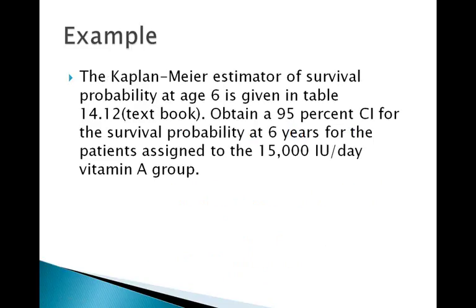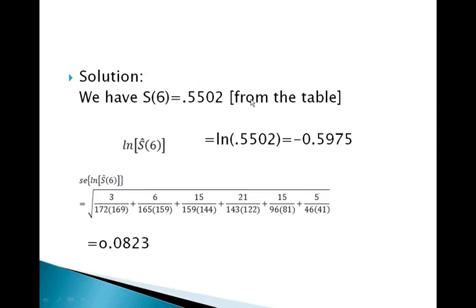So the Kaplan-Meier estimator of survival probability at age 6 is given in table 14.12. To obtain a 95% confidence interval for the survival probability at 6 years for the patients assigned to the vitamin A group of 15,000 IUs a day, we would look at S of 6, which equals 0.502 that we calculated from the table.